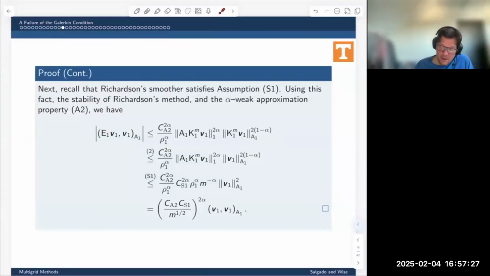So now I recognize that that's exactly the norm that I need in my smoothing property, and I know that the Richardson smoother satisfies assumption S1. So I'm going to apply that here. I apply S1 here. This tells me that I can reduce the size of this guy by replacing this. Now it comes at the 2 alpha power.